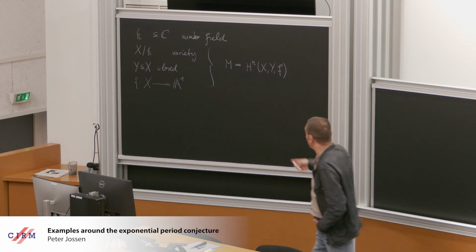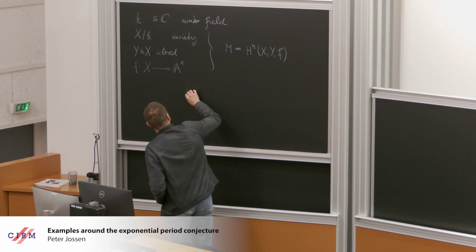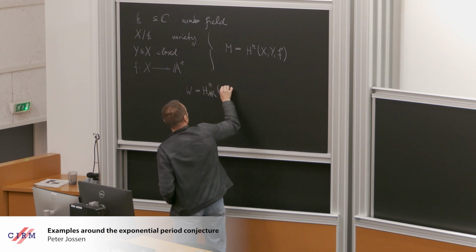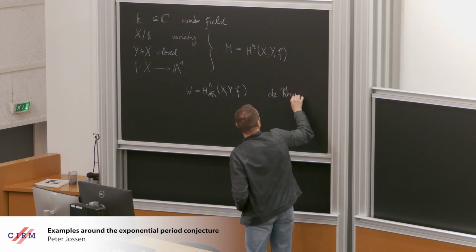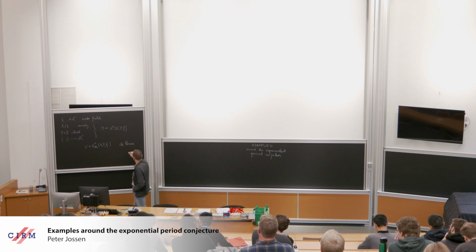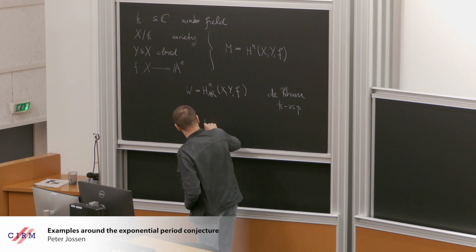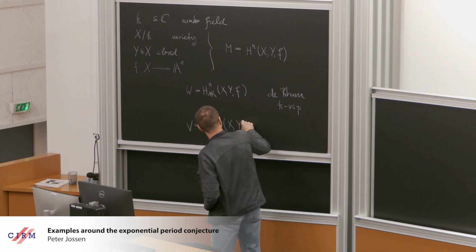So one incarnation of this M would be some de Rham cohomology, which is going to turn out as a finite dimensional K vector space, or there is a singular cohomology within this, which in this instance is called rapid decay cohomology, associated with X, Y, and f.